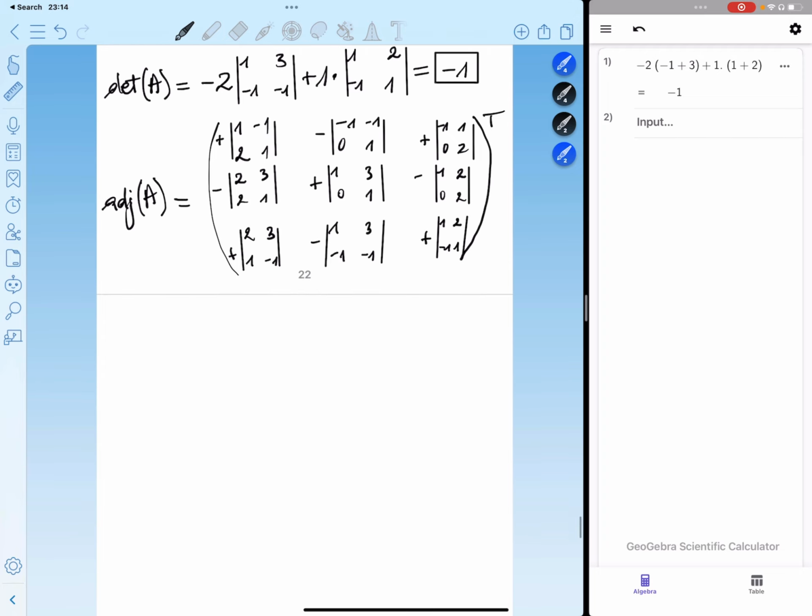Now this is equal to matrix transpose. Then for the first one, I'm gonna have the product of this minus the product of this, which is 1 plus 2, which is 3, right?